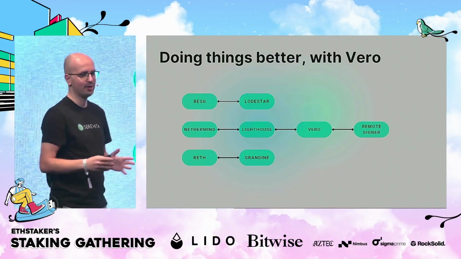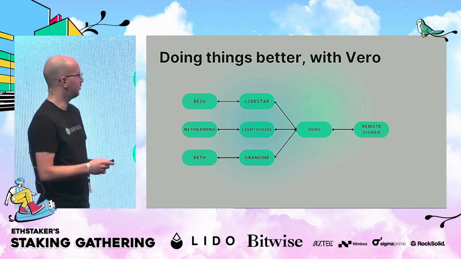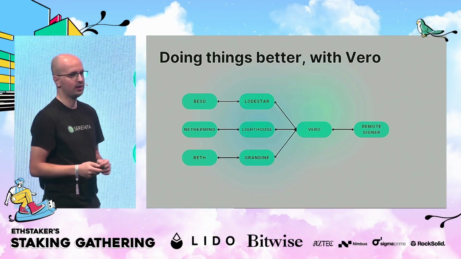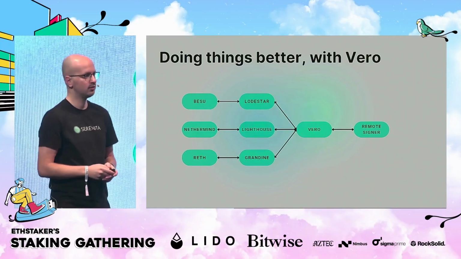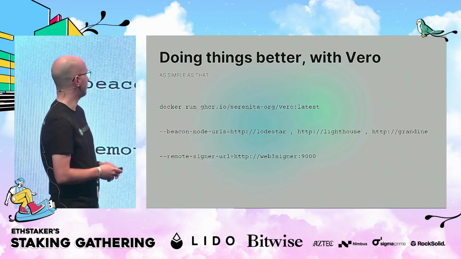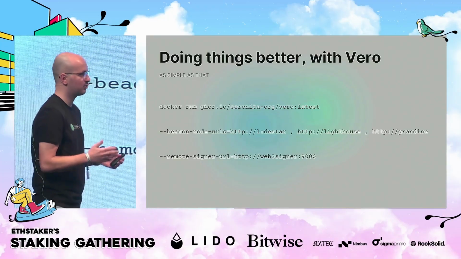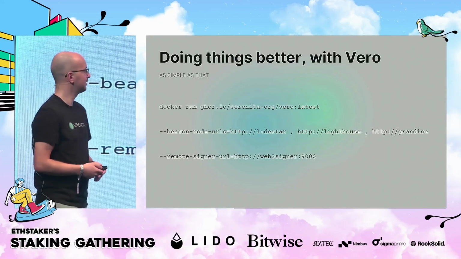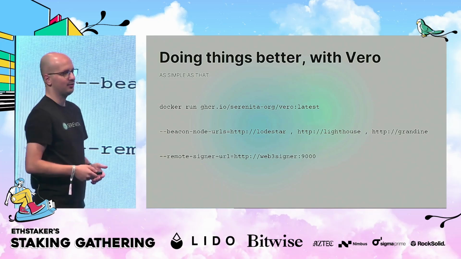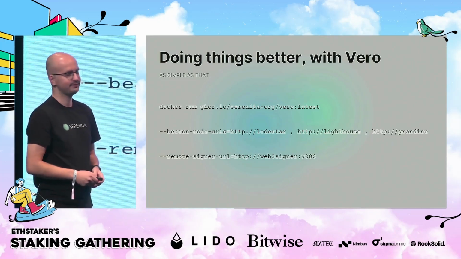Once you're happy with their stability, you connect Vero to all 3 client pairs, set up your attestation threshold that you're comfortable with, and you're done. So that's it. You can do this, like I said, switching over in minutes. This is what the command looks like, so it's very simple.